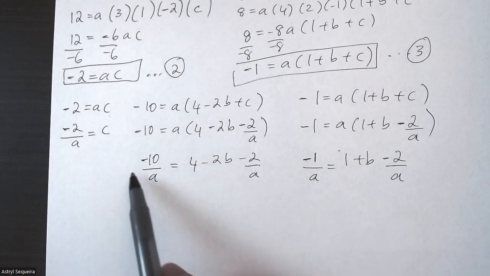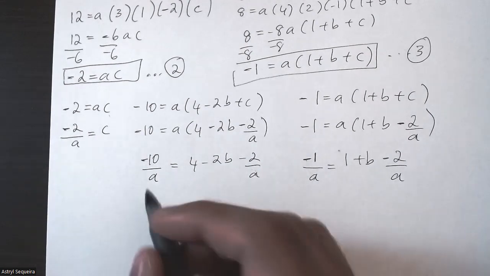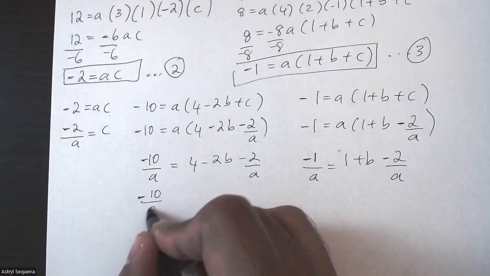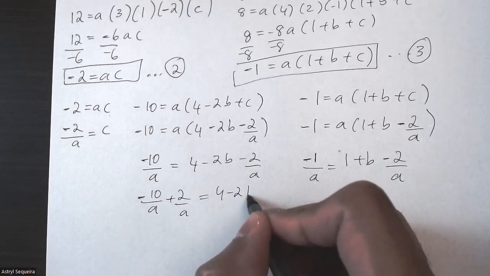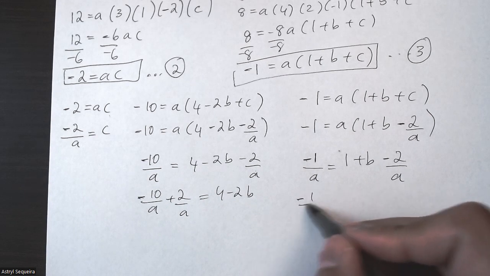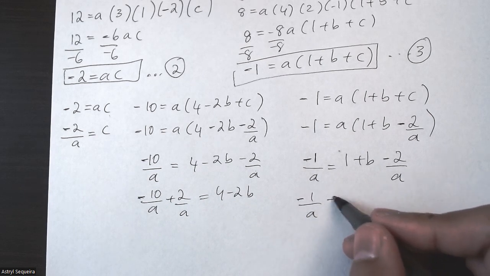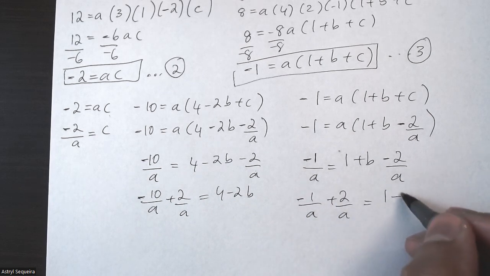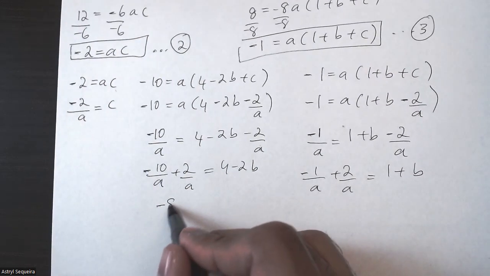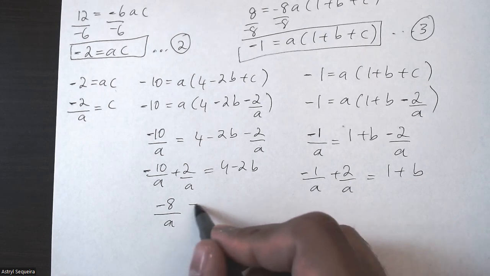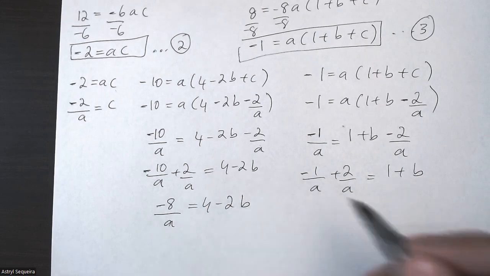Then I'll move this term to the other side so I can combine like terms. These have the same denominator, so I can combine them, just combine the numerators and write the same common denominator.